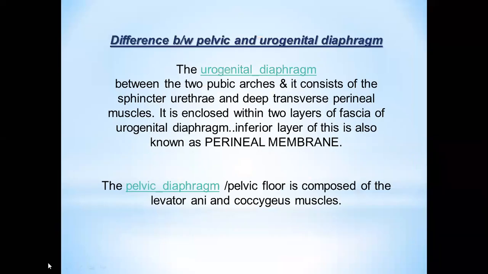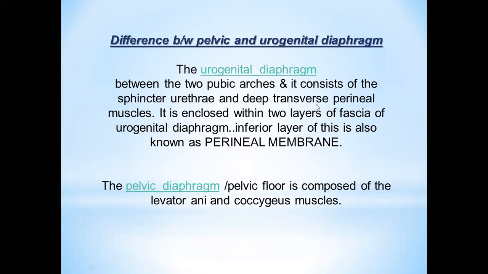I will also tell you what I have written. This pelvic diaphragm is composed of two muscles, as she told, the levator ani and the coccygeus muscle. Another name is the urogenital diaphragm or urogenital triangle. It is the area between the pubic arches, and it consists of the sphincter urethrae and the deep transverse perineal muscles.